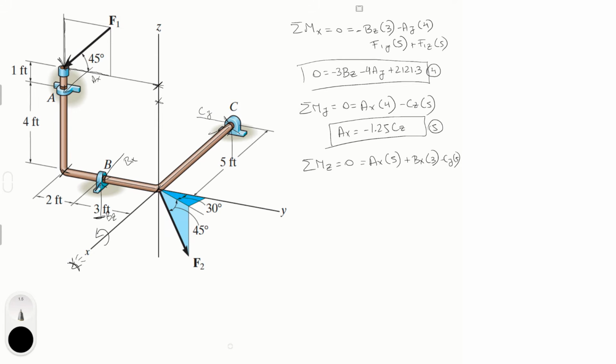So those are the ones that turn the assembly about the z-axis. And that function comes out to be 0 is equal to 5AX plus 3BX minus 5CY. Sixth equation. Turn the page on my notes.